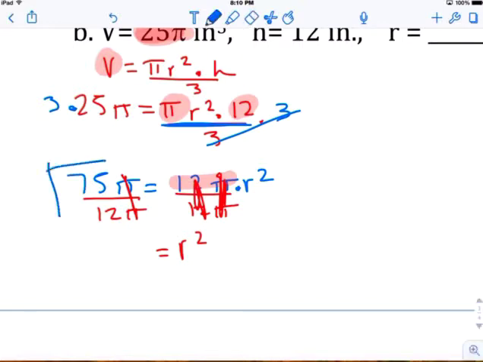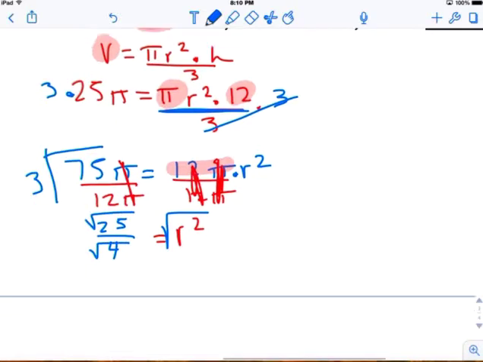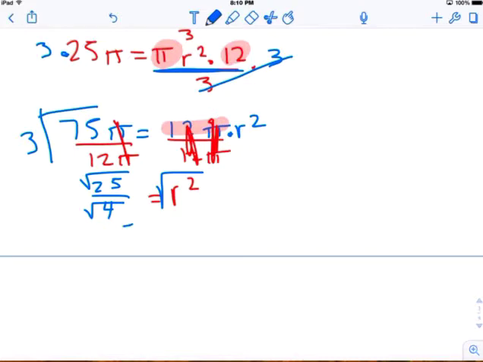Divide by 3. 3 into 75 is 25. 3 into 12 is 4, right? 25 times 3 is 75. Yep. Then take the square root. Many of you have forgotten this. That becomes 5 over 2 equals radius.